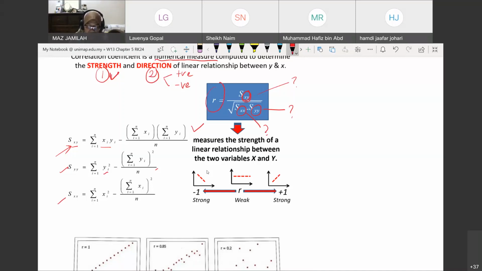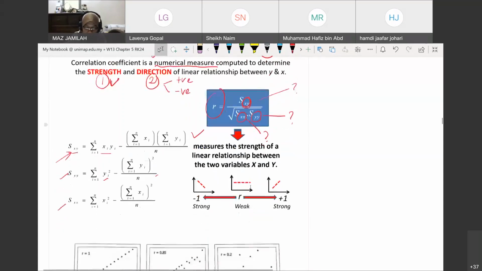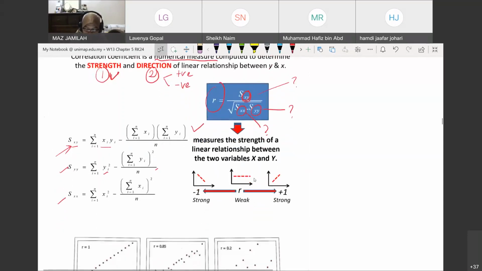Now, what kind of number is R? R can take values between -1 and +1. That will be the smallest and largest value of your R. If R is -1, you are talking about a strong negative relationship. If it is +1, you are talking about a strong positive relationship.